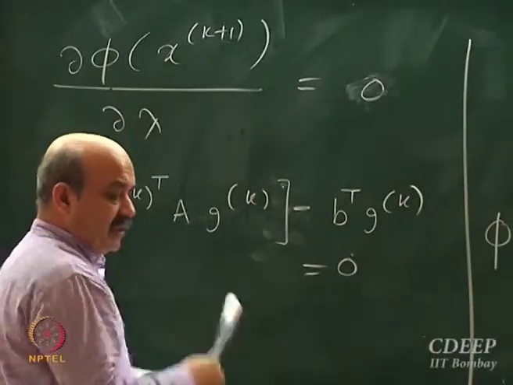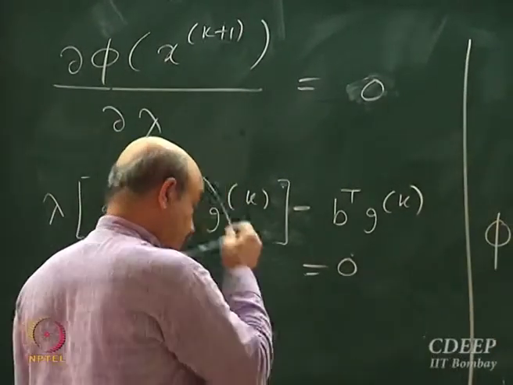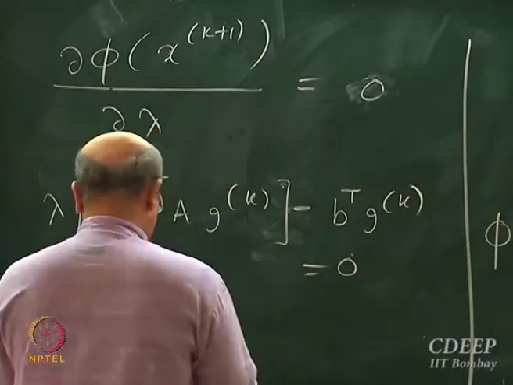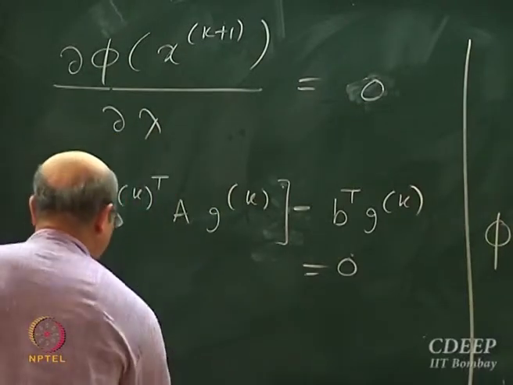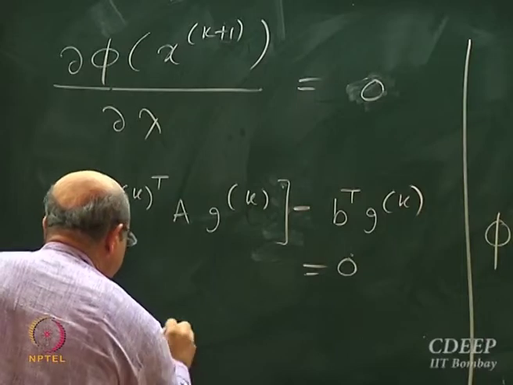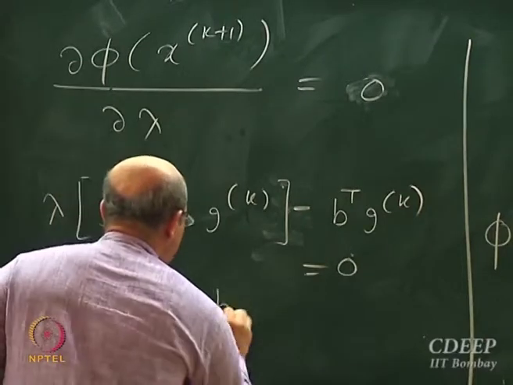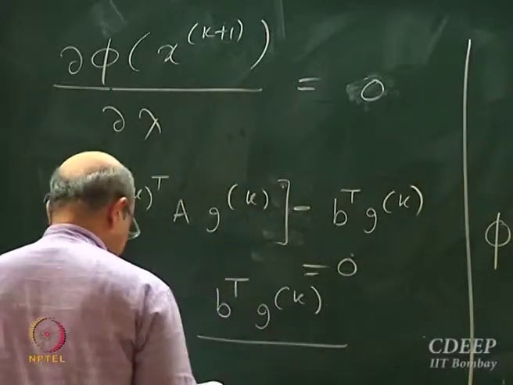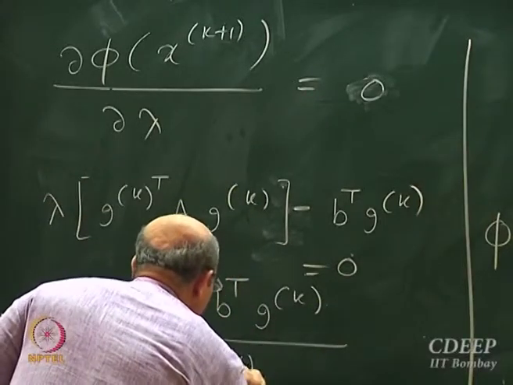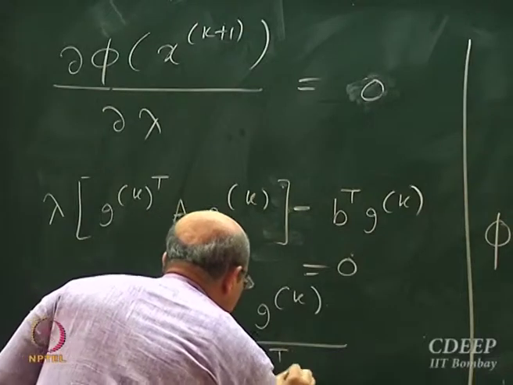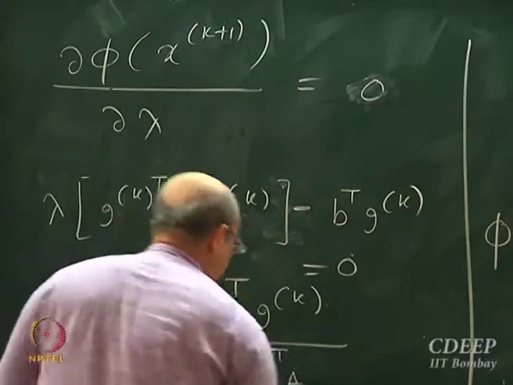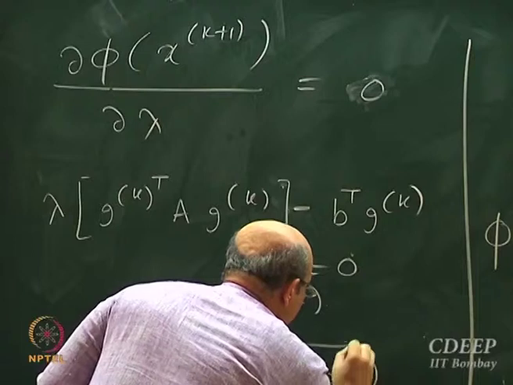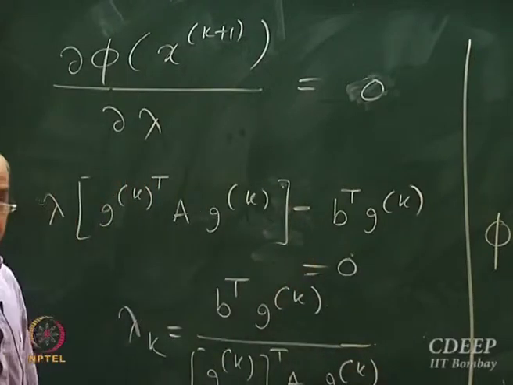So actually it turns out that lambda k, which minimizes this, is nothing but b transpose gk divided by gk transpose A gk.